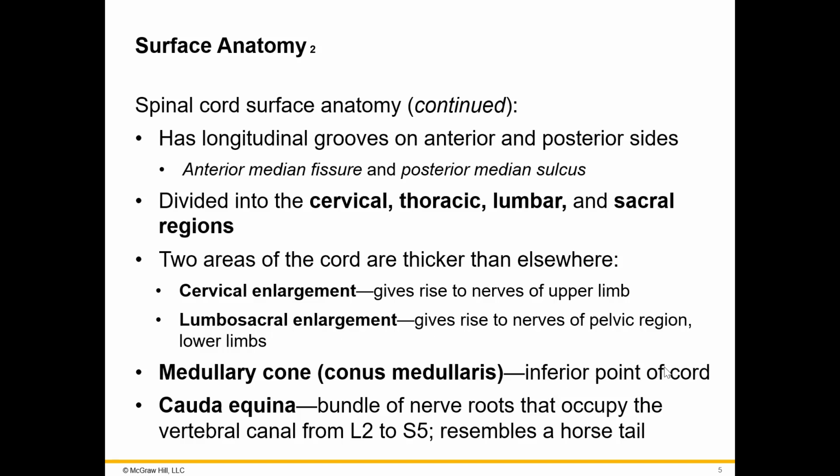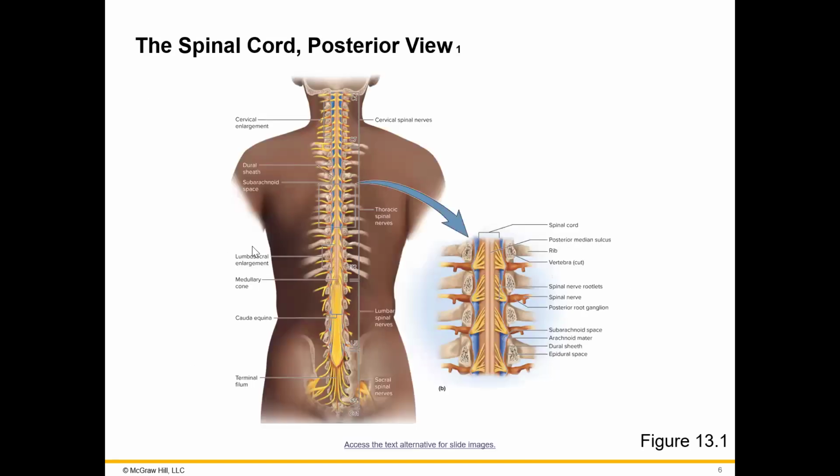The inferior point of the spinal cord, where the spinal cord ends, is known as the conus medullaris. So you see, this is my cauda equina. You see the tails coming down, and my spinal cord stops here at this conus medullaris, or the medullary cone.